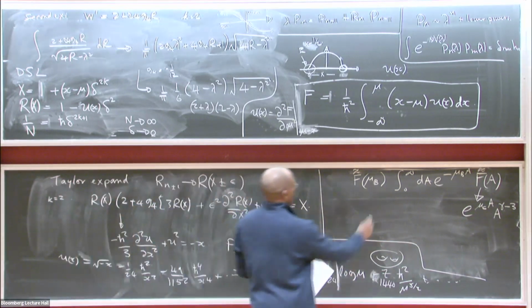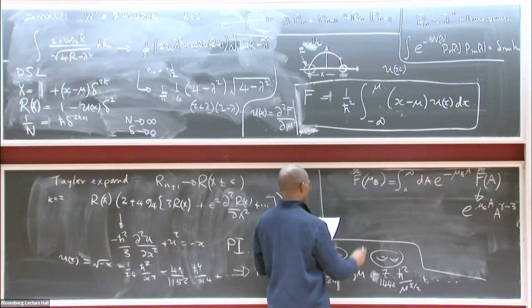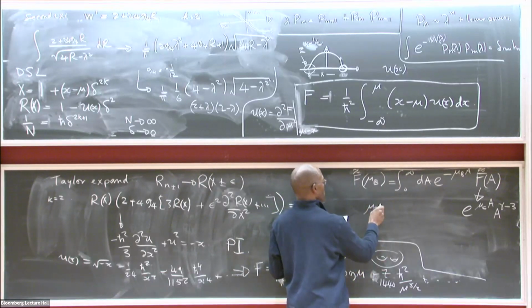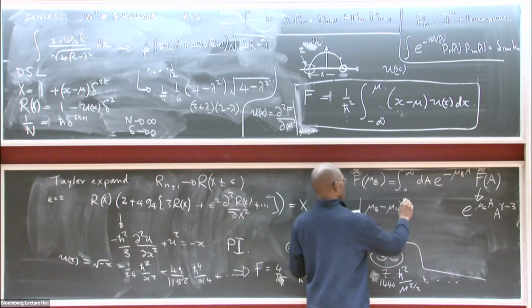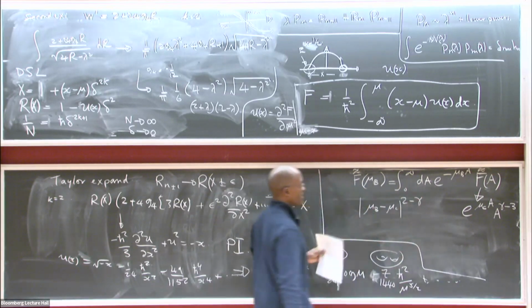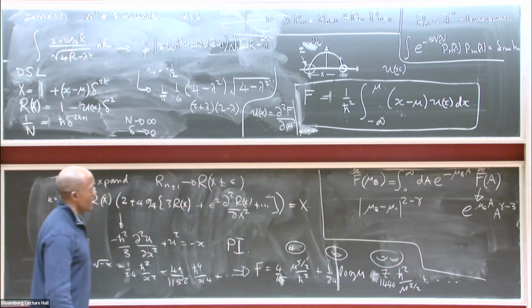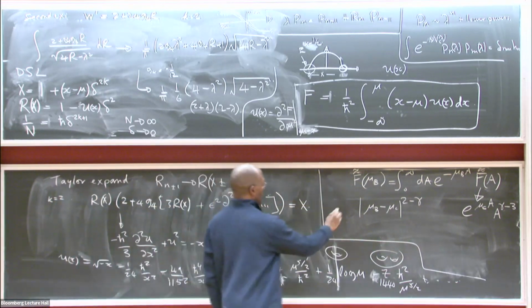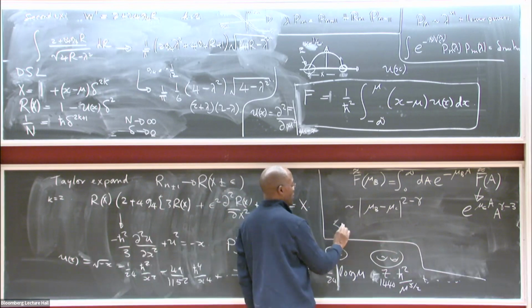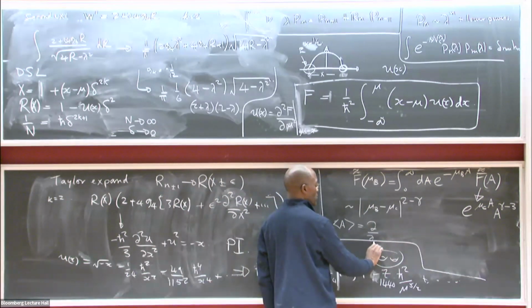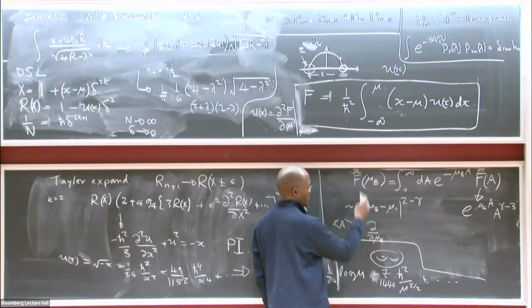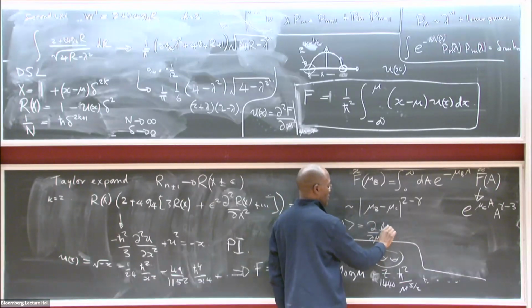And so this goes something like mu minus mu c to 2 minus this fractional power. And so the expectation value of A is differentiating with respect to mu and dividing by the thing, so the log of the thing.